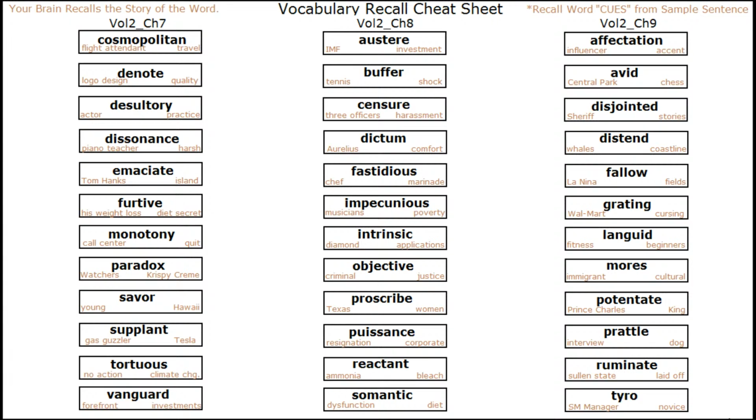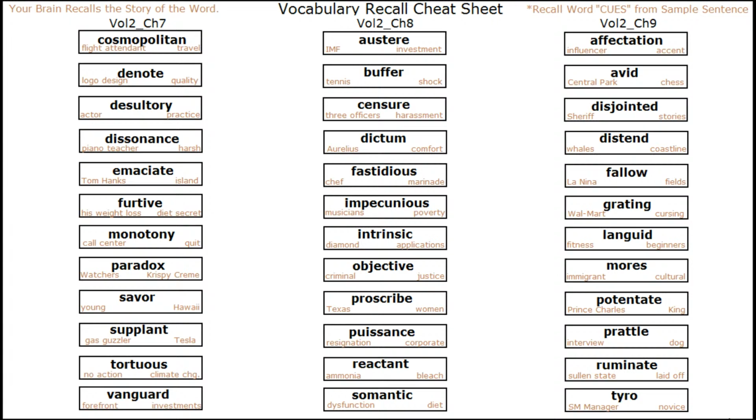Let's see, resignation, puissance, corporate puissance. Resignation and corporate were the 2 keywords, and that had to do with the Great Resignation and how the word used in that sample sentence, if remembering it word for word, is disdain for corporate puissance, which has to do with corporate power.